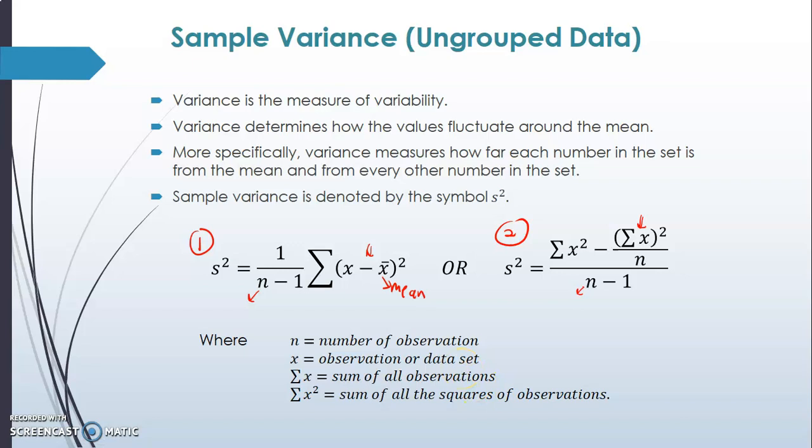Total x is the sum of all observations. But this one is total of x square. X square is the square of the observation. Okay, from our x value, we square the x value. So that is x square. So total x square means the sum of all squares of observations.